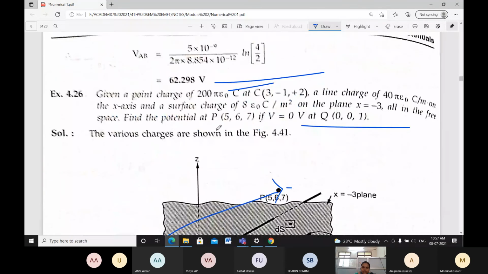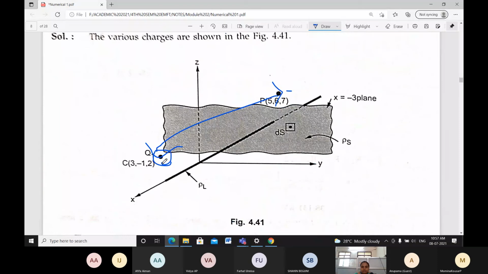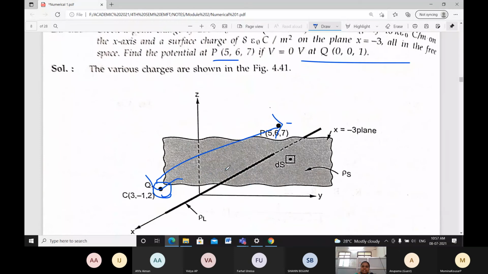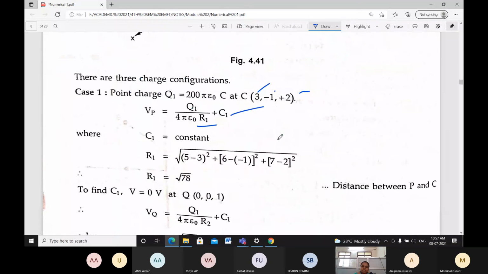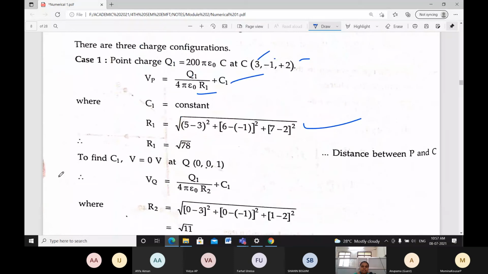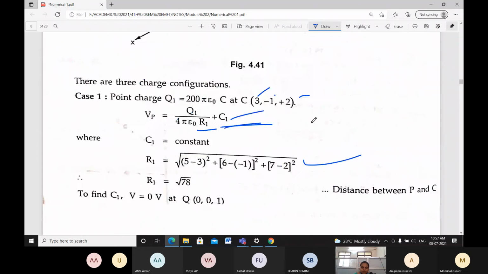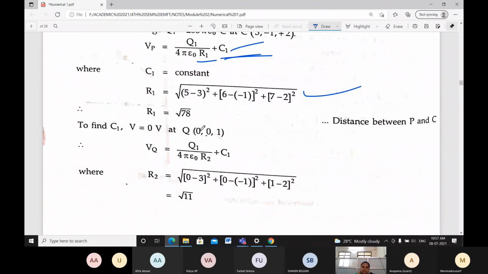Always remember, where the potential is asked, from that point we have to consider where our point is given, and within that we have to find the distance between them. For that reason you have to take this distance. Then to find C1, V is already given as 0 volts at Q, which is 0, 0, 1, right?